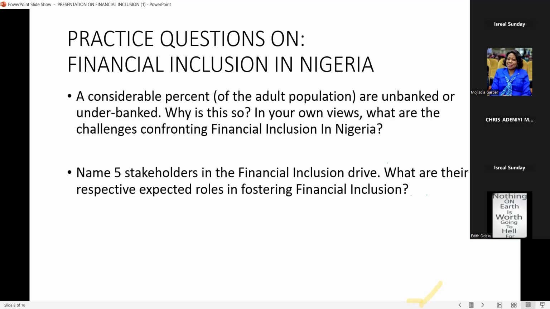So all those things are inhibiting challenges that are confronting financial inclusion in Nigeria. And efforts are being made to break those barriers, to see how we can overcome those obstacles. Now, name 5 stakeholders. If I ask you to name 5 stakeholders in the financial inclusion drive, stakeholders means people who have one thing or the other to do with deepening financial inclusion.